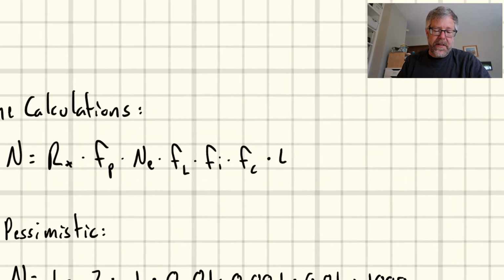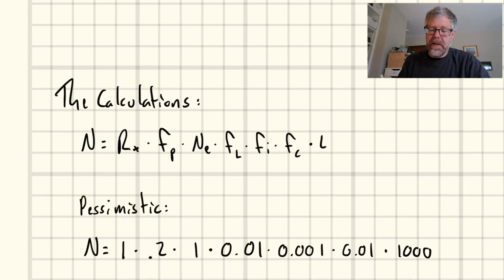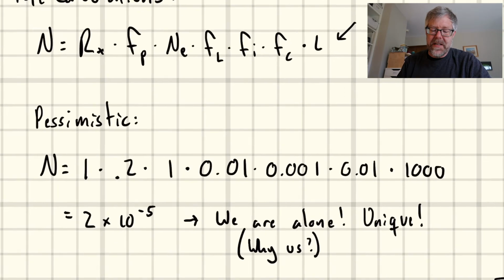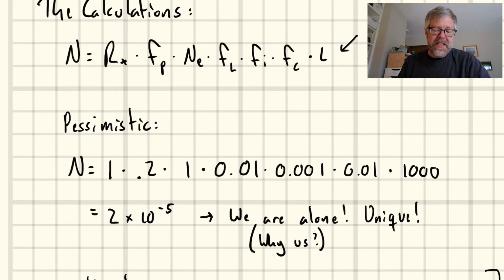So if we do these calculations, this once again is the Drake equation here. If you are very pessimistic about this, then you can set the numbers like R* equal to 1, fp equal to 0.2, ne equal to 1, blah, blah, blah. You set all those numbers. Civilizations only last for 1,000 years.